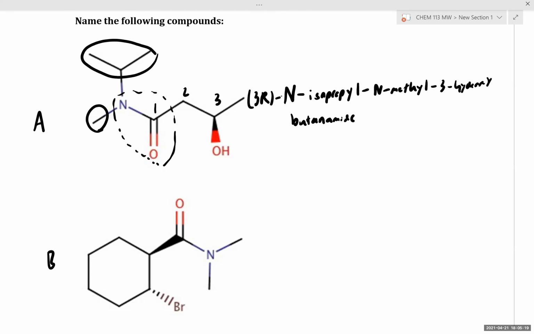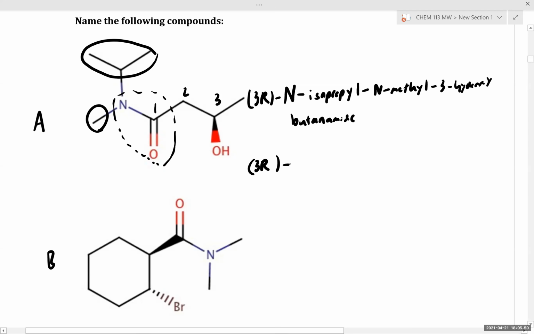So one question that I have is looking at hydroxy, methyl, and isopropyl. Are these substituents arranged in alphabetical order? Not yet, right? Hydroxy, H, is first alphabetically.